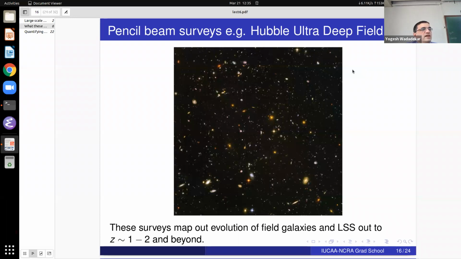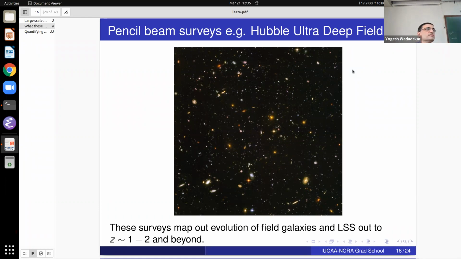Because what has happened is, along one line of sight, I have penetrated through some large scale structure. And on another line of sight, I've penetrated through a different large scale structure. And I don't have sufficient length scales in the transverse direction to make sure my sample becomes homogeneous.